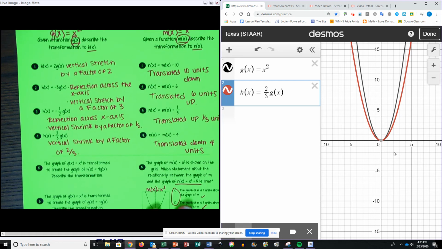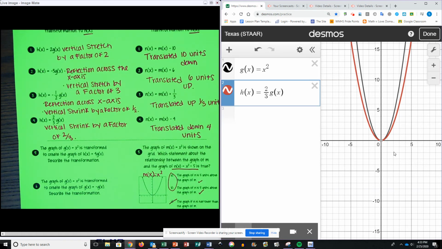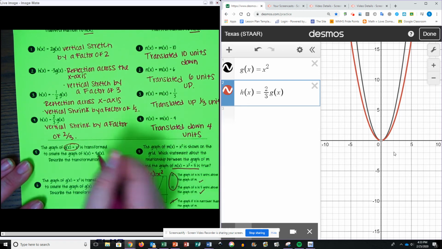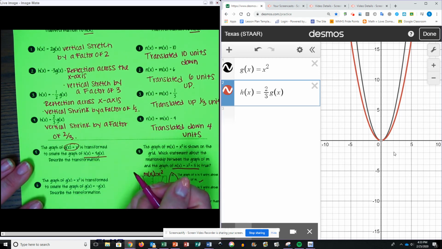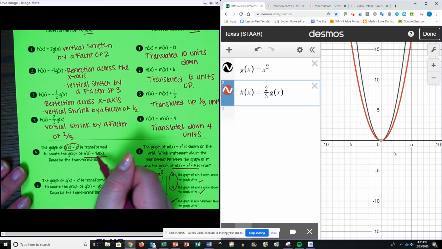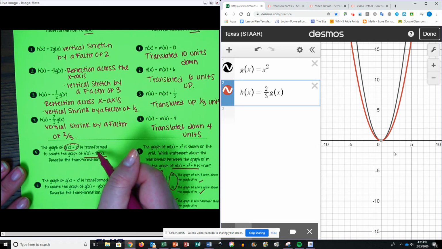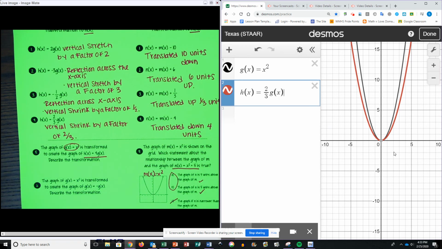All right, so now going down to number 5, it says the graph of g of x equals x squared, that's our parent function, is transformed to create the graph h of x equals 4 times g of x. Describe the transformation. This 4 is a positive number, so there's no reflection. And then it's a number larger than 1, so I believe it's going to stretch, but we can check.